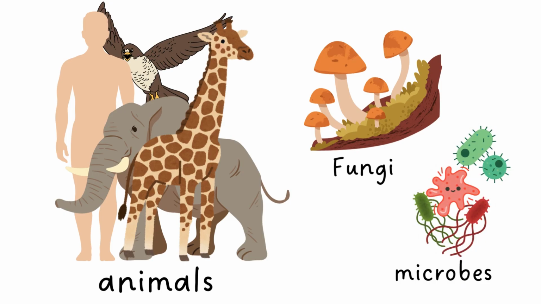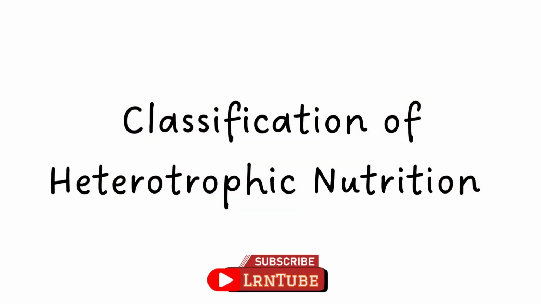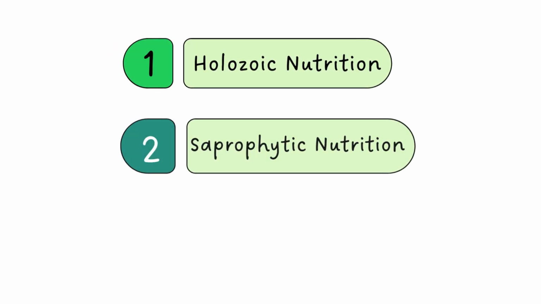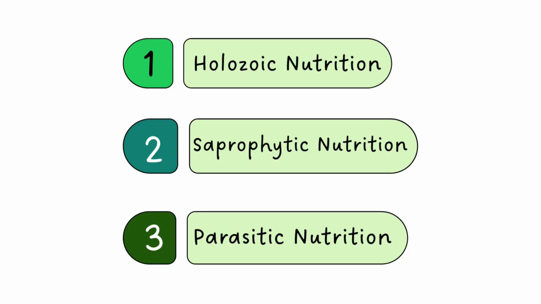Heterotrophic nutrition can be classified into three main types based on how they obtain their food. So we have Holozoic nutrition, Saprophytic nutrition, or Saprotrophic nutrition, and then we have Parasitic nutrition.